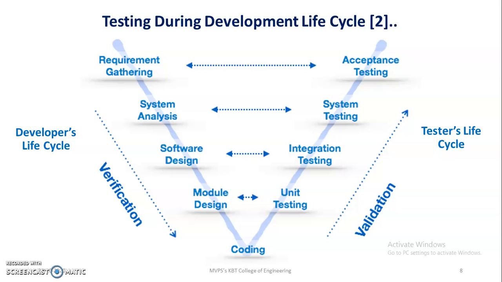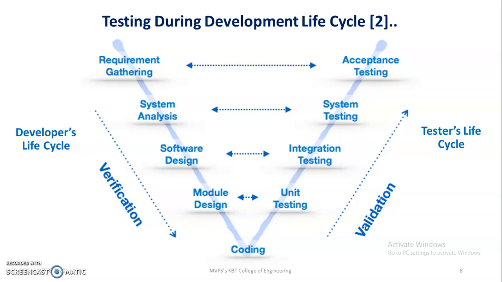Again, this V model is an extension of the waterfall model and is based on the association of a testing phase for each corresponding development phase.